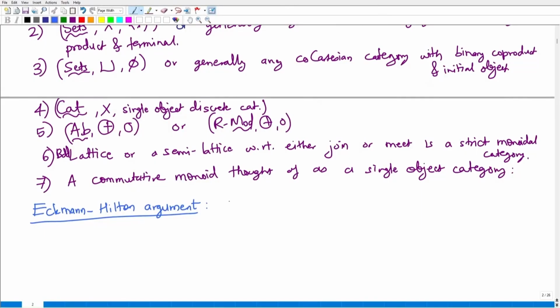Okay, so suppose X is a non-empty set with two binary operations.